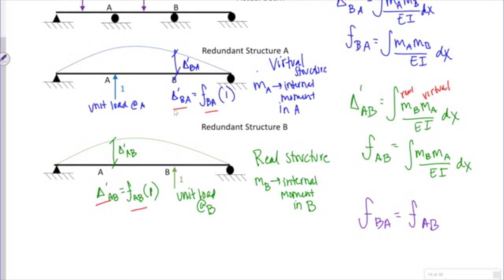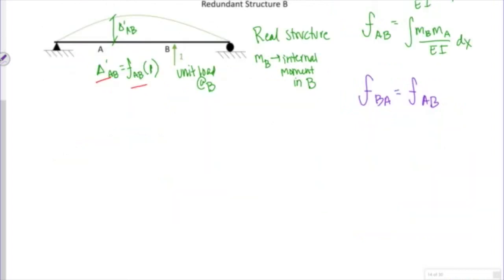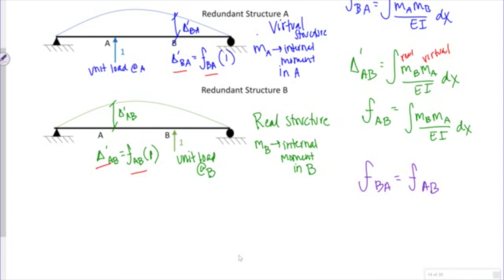That also means, let's say I wanted to find the displacement, right? If redundant B was still my real structure, and now I wanted to find my deflection at B due to a load at B, well, I would just apply the virtual load, unit load twice, right?